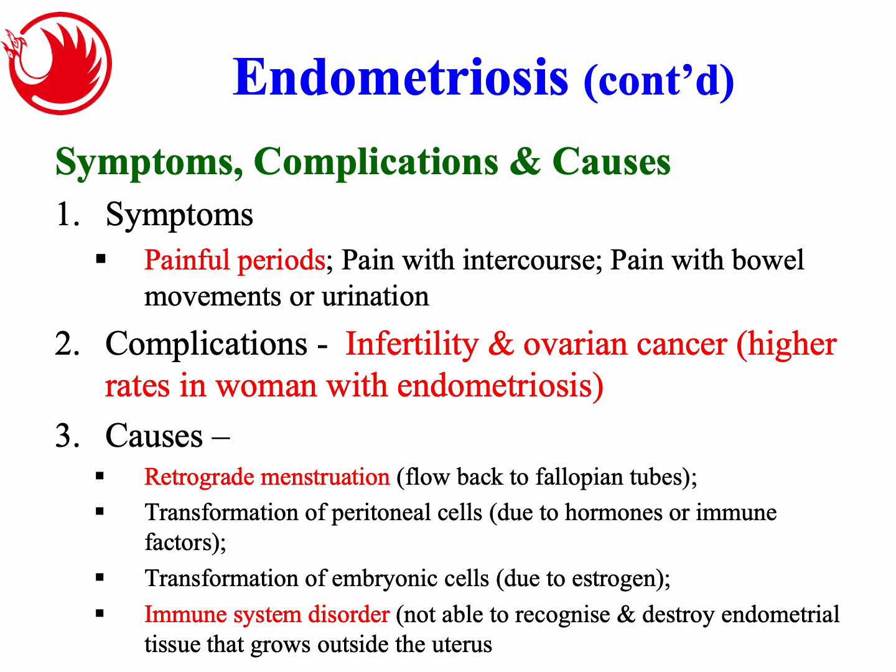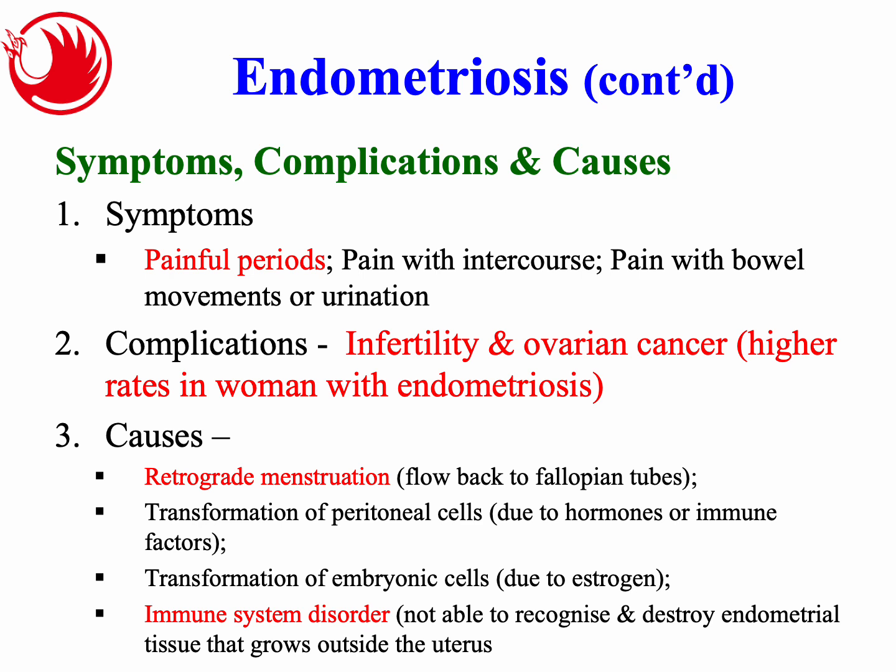The complication is infertility, meaning difficulty in getting pregnant. There are several causes. The first one is retrograde menstruation, meaning menstrual blood, which is supposed to flow out of the body, instead flows back through the fallopian tube.